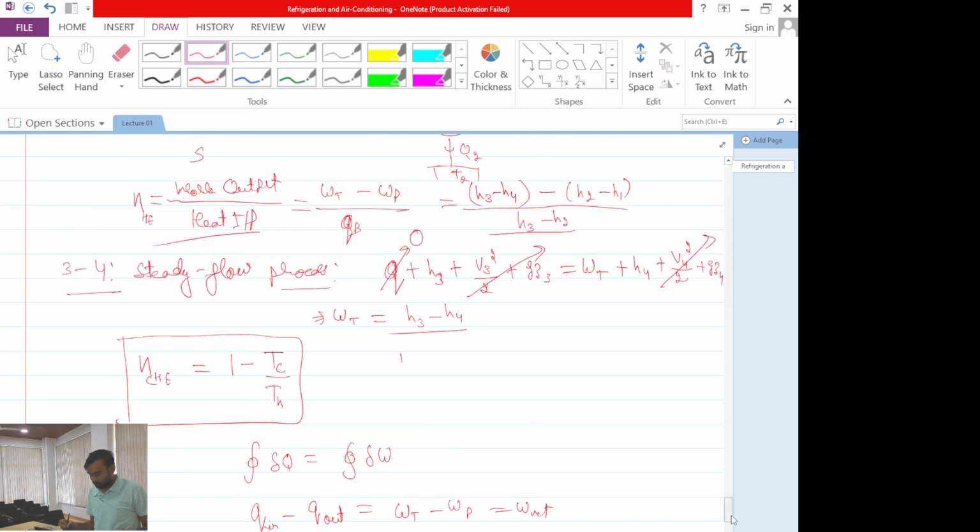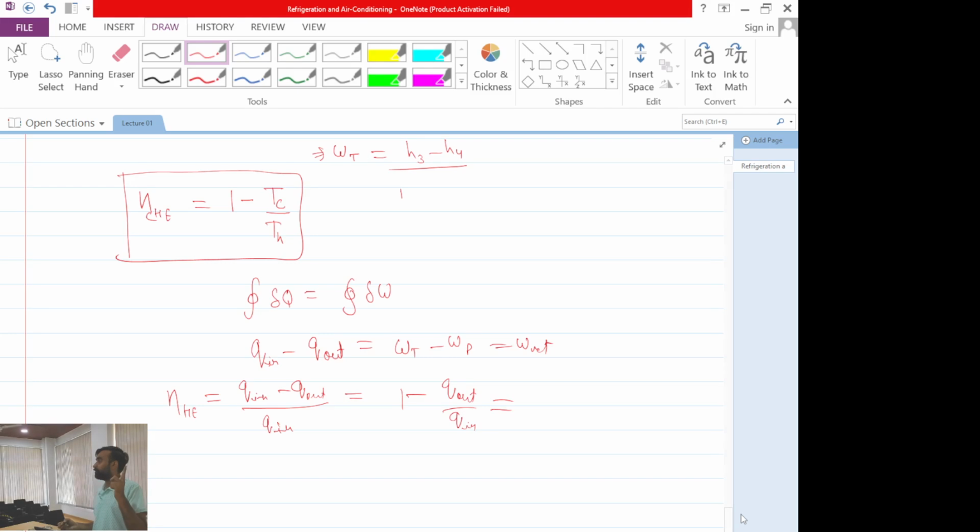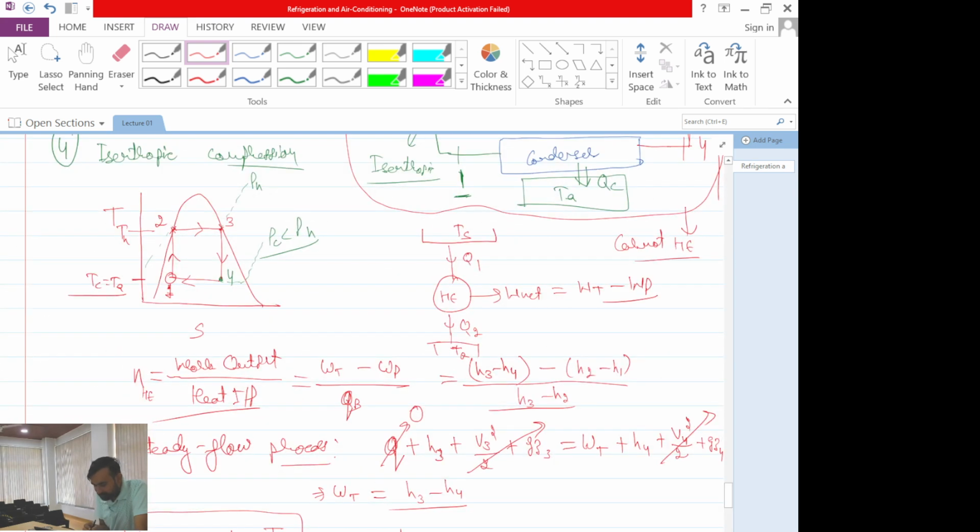Now go to the 4-to-1 process. It is a reversible process. For a reversible process, heat can be given as integral of T dS. You can see for 4-to-1 temperature is constant, equal to Tc, and integral of ds will become s4 minus s1.